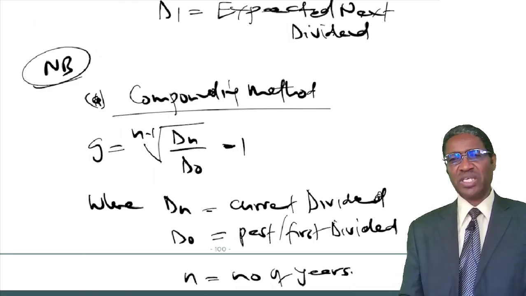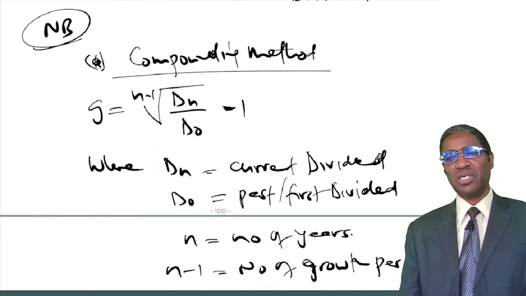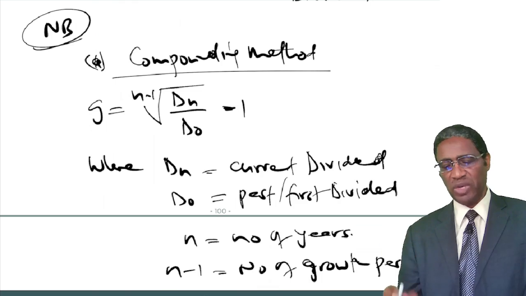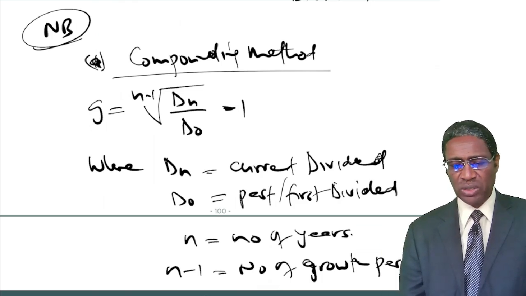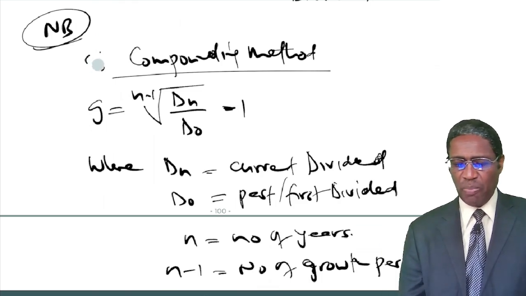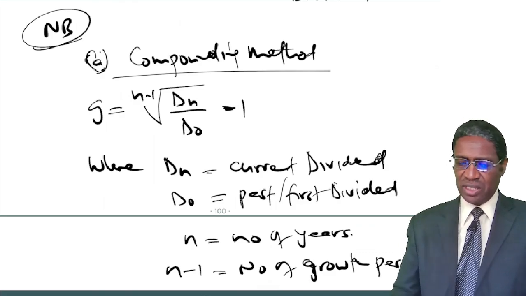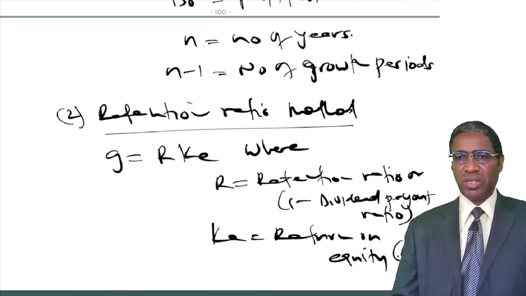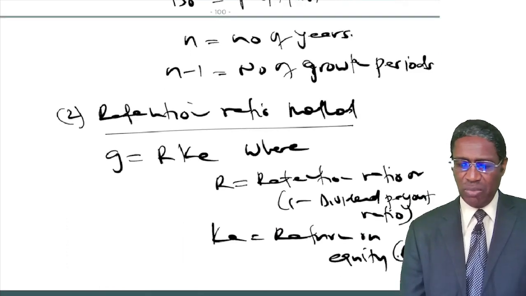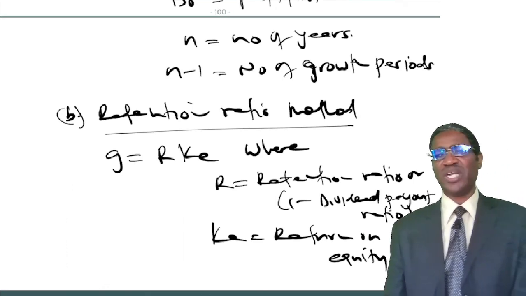But where the growth rate is not given, you compute using either of these methods. Label the compounding method as A, and the retention method as B, so that you don't mix them with 1 and 2.